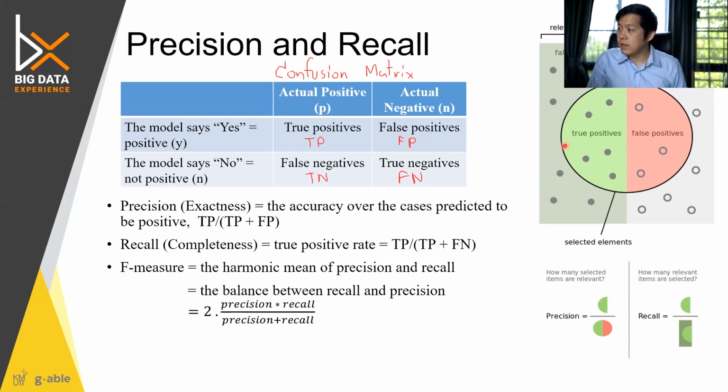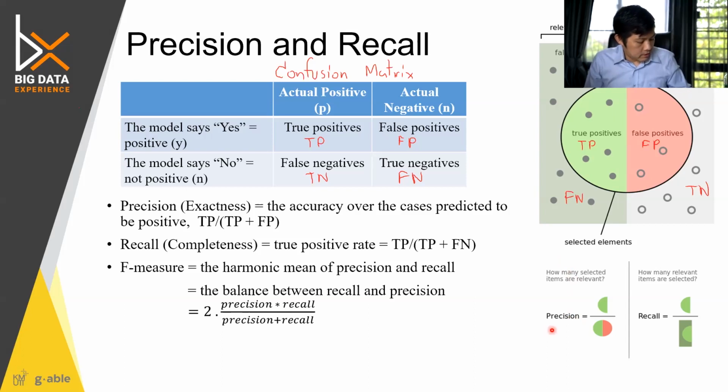You have the green here as true positive, TP. And this is false positive. The outside here is false negative, and this is true negative, right? So precision would be this one.